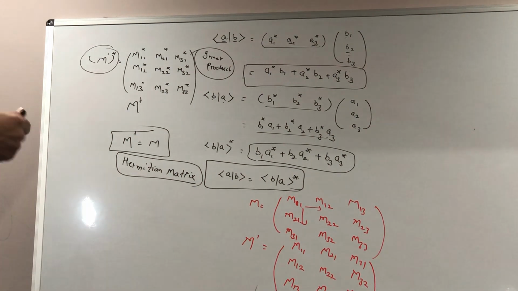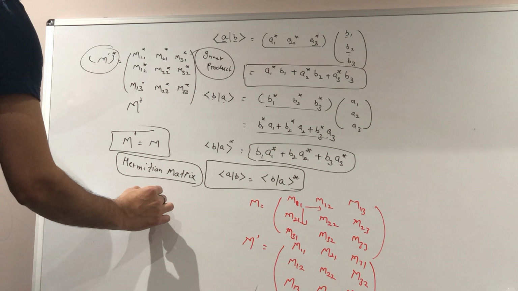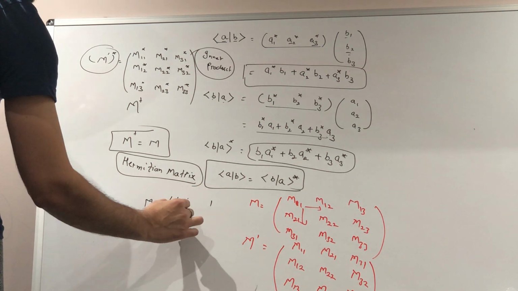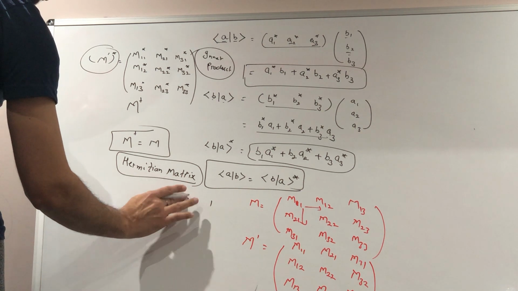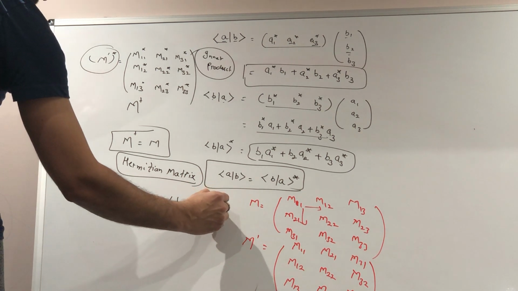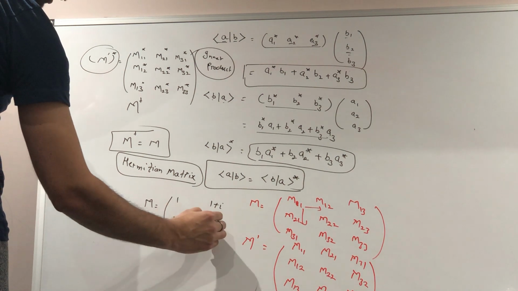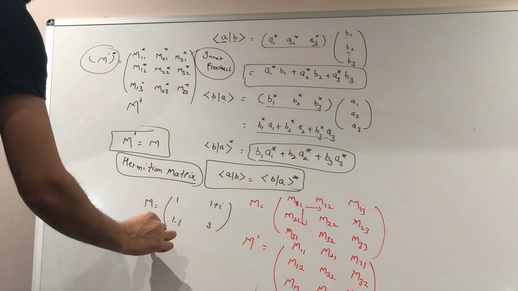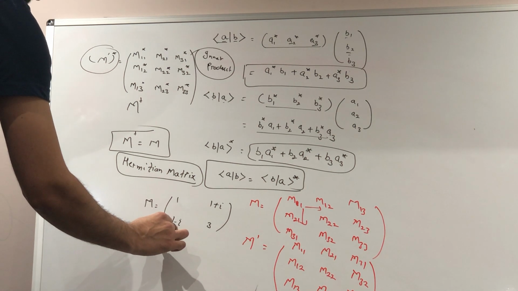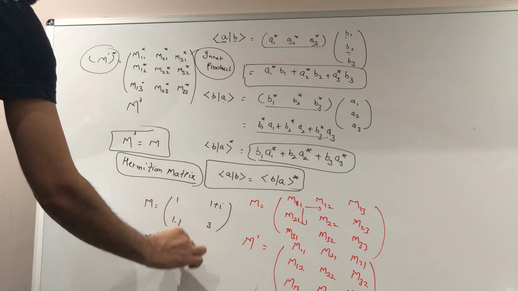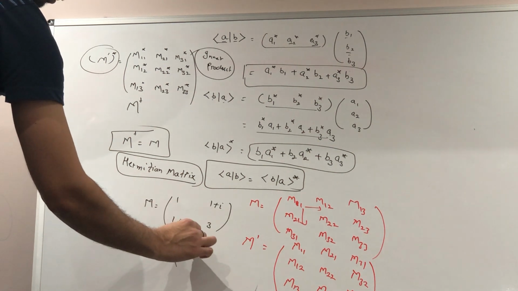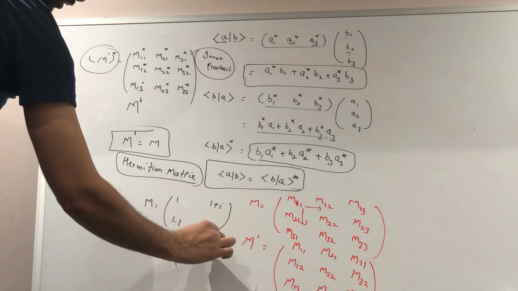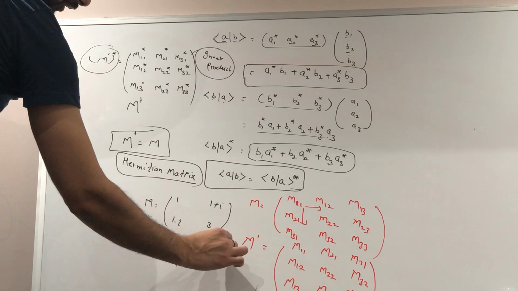So I'll take an example here. I have a matrix, for example, M is equal to 1, 1 plus iota, 1 minus iota, and 3. This is a 2 by 2 matrix, I'm just giving it as an example. What I do is take the transpose of the matrix. What will be the transpose? I'll change the rows into columns. So this element will come here, 1 plus iota. This 1 minus iota will go here, and 3 will be down here, right?